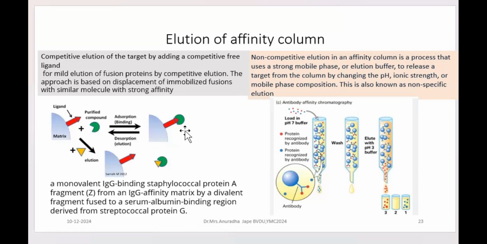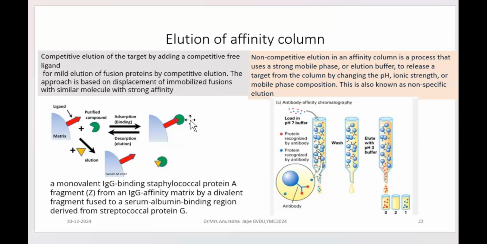In the competitive displacement or competitive elution method, we are going to add some molecule which has a stronger affinity, a stronger interaction, with the analyte, or a stronger affinity with the ligand, either of the two. So this elution component will interact strongly with the complex formed.